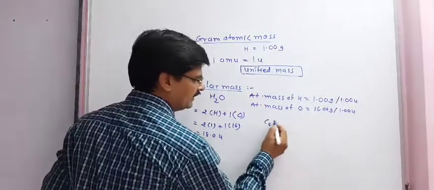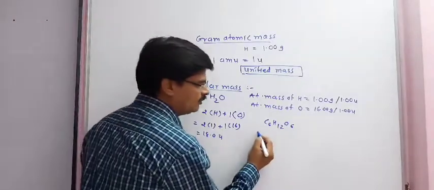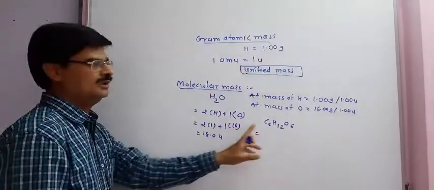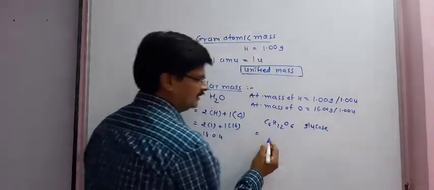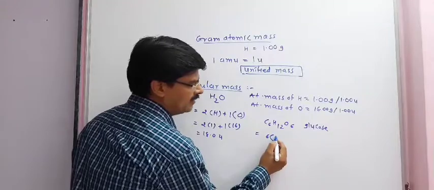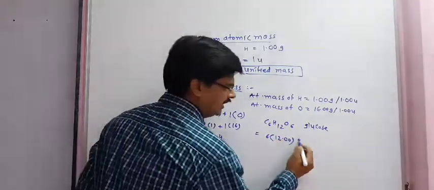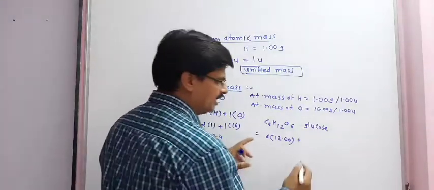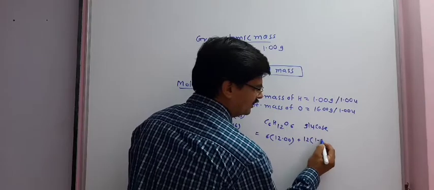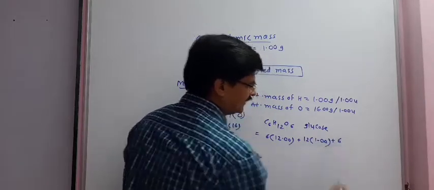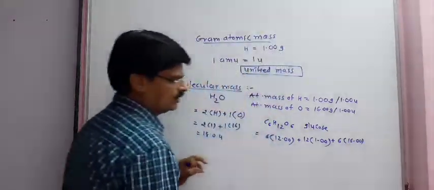In the same way, C6H12O6 is given to us. If we have to find out the molar mass of glucose, then 6 times the atomic mass of carbon, which is approximately 12.00, plus 12 times the atomic mass of hydrogen, plus 6 times oxygen, that is 16.00.